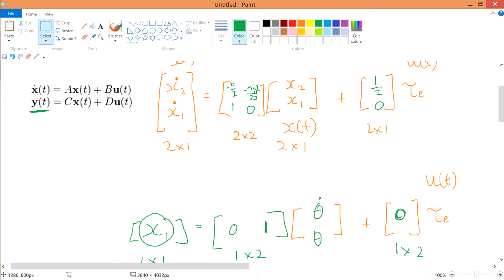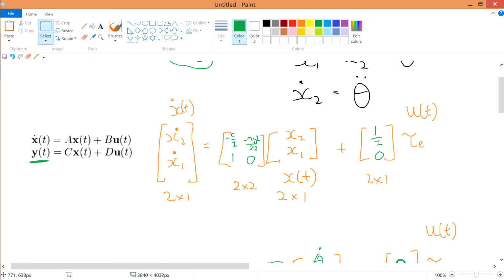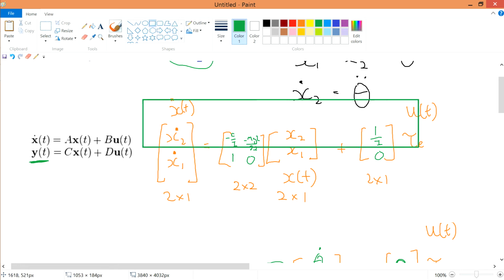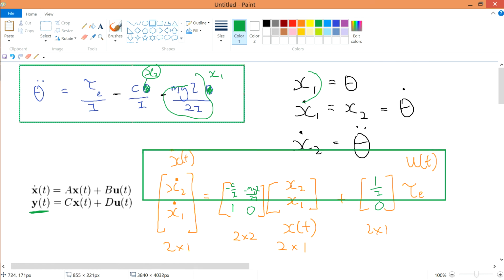And therefore this describes the state. For x1 the state is equal to theta. It is just simply theta itself. And the first row over here is simply describing the state of this differential equation. So all in all, this is just describing the state.